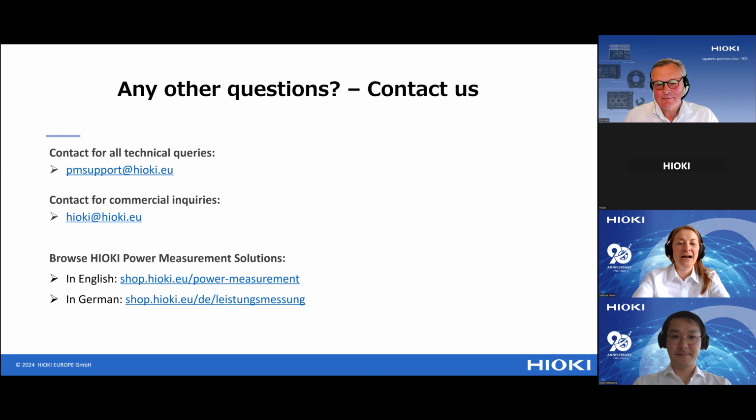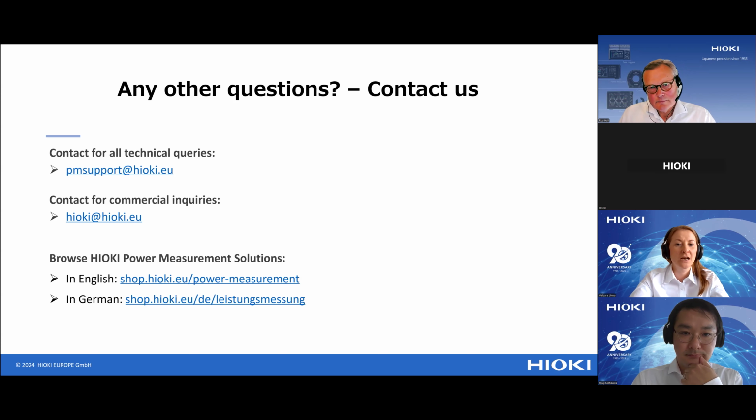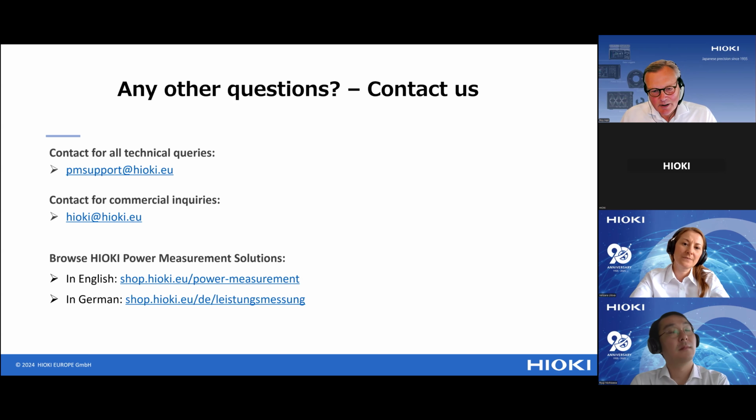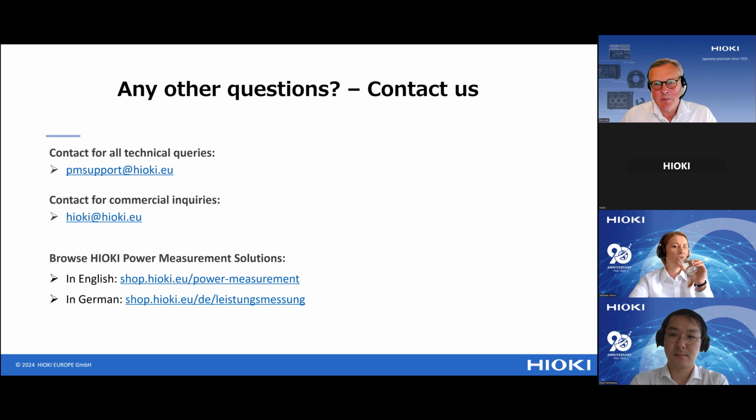The higher accuracy with external current sensors compared to direct current sensing is true only for HIOKI's power measurement solutions, given that HIOKI manufactures their own current sensors, or applies for other power analyzers in the market? It is a very big advantage that we have our own current sensors, because they are designed for power measurement.